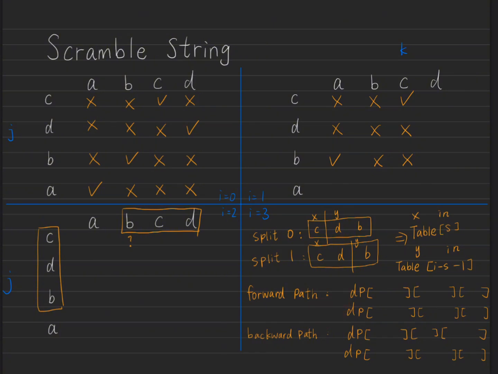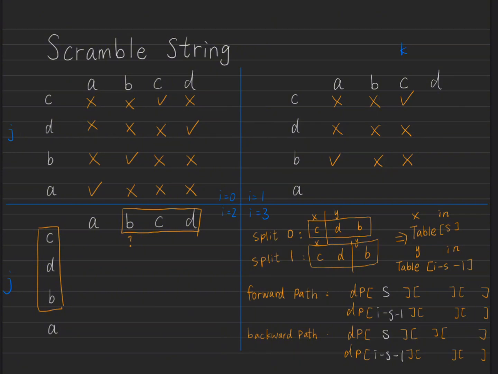And in the backward path, we're also trying to verify this, but now we're assuming that the X has switched to the right side and the Y has switched to the left side. Let's derive the indices together. We already concluded that X will be in table S and Y will be in table i minus S minus 1. Let's use the example where S equals 0.